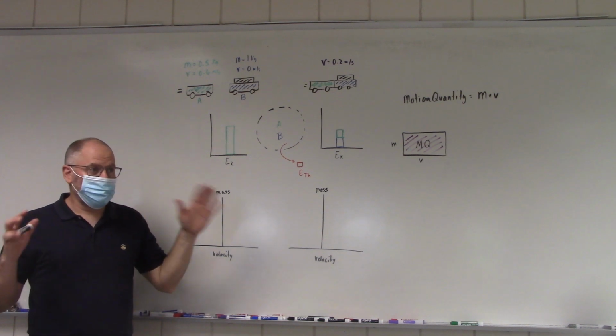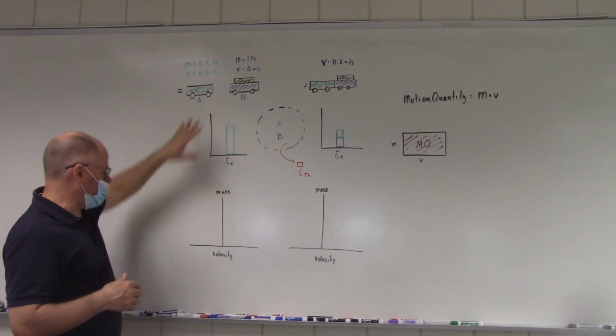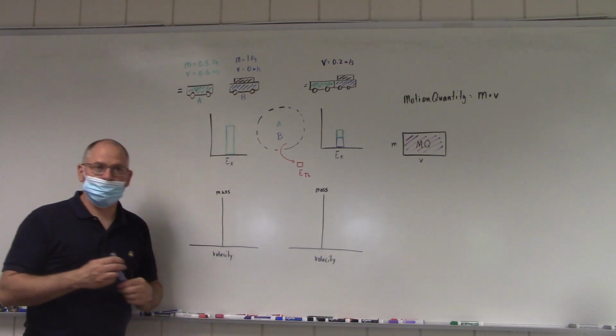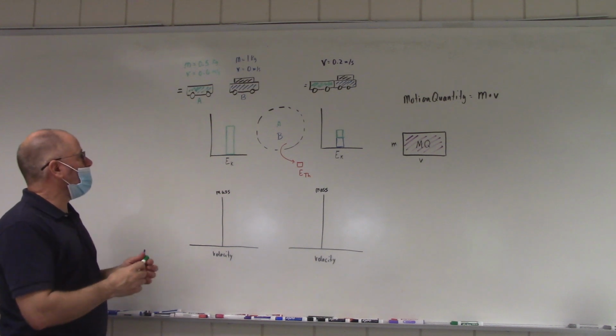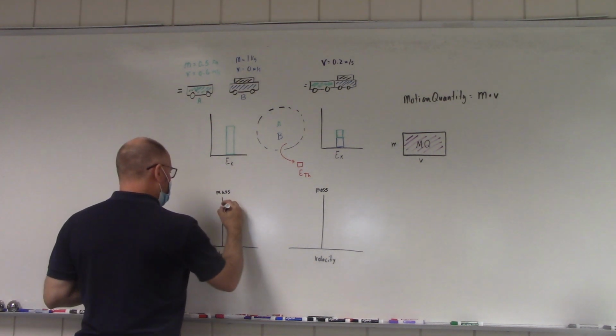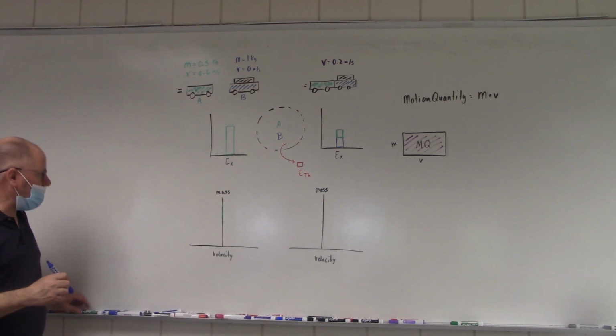Okay? All right, so get ready because this is the cool part. So what do I have over here on the left? Do I have two objects? I do, right? What's the mass of the green one? It's a half kilogram, right? So I'm going to draw it here, right on the axis, half kilogram. All right, you see that? And what about the blue one?